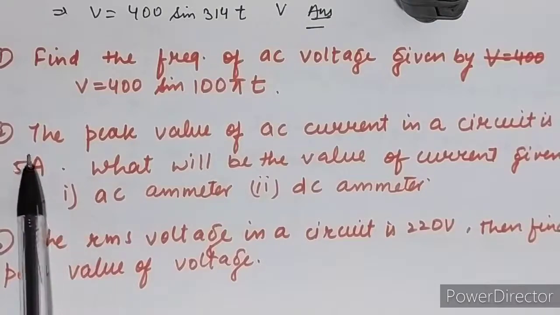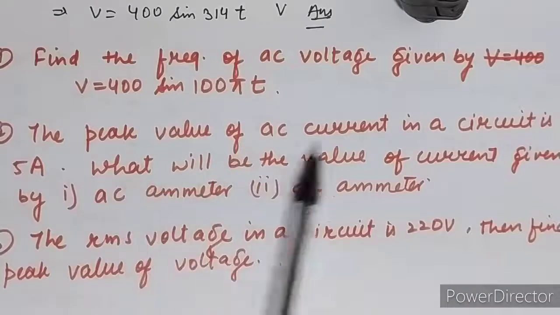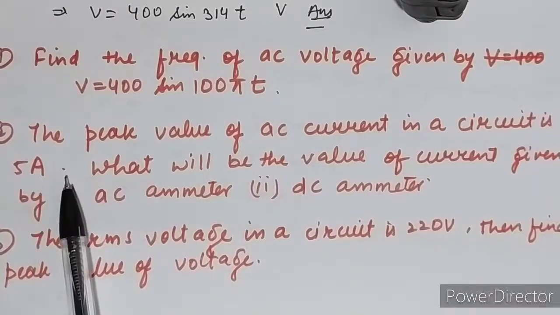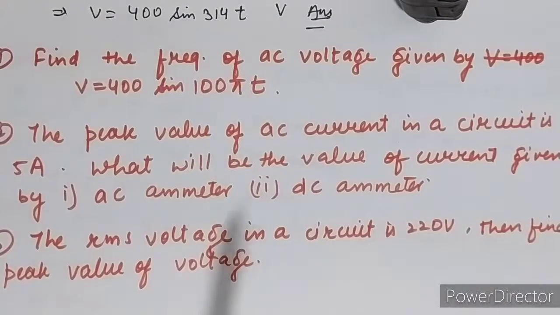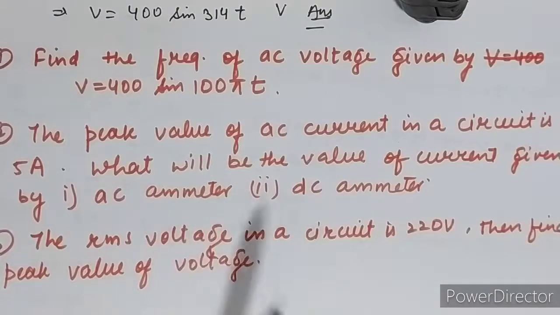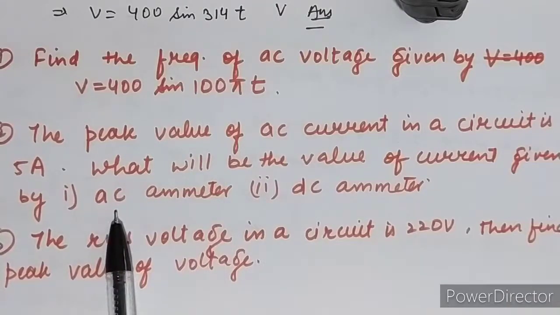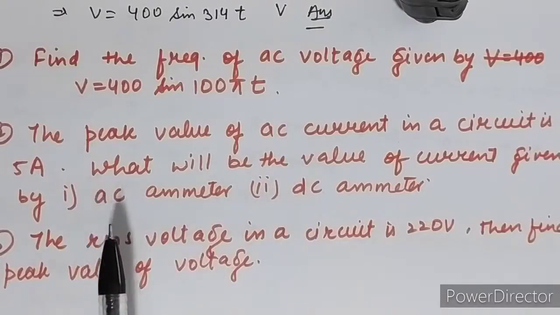Okay. Next question. The peak value of the AC current in a circuit is 5 ampere. Now you have to find the value of current in the given AC and DC ammeter. First of all, the AC ammeter always measures the RMS value. Always remember, the AC ammeter always measures in the form of RMS. So IRMS is equal to peak upon root 2, and the peak value is always root 2 times the RMS value.